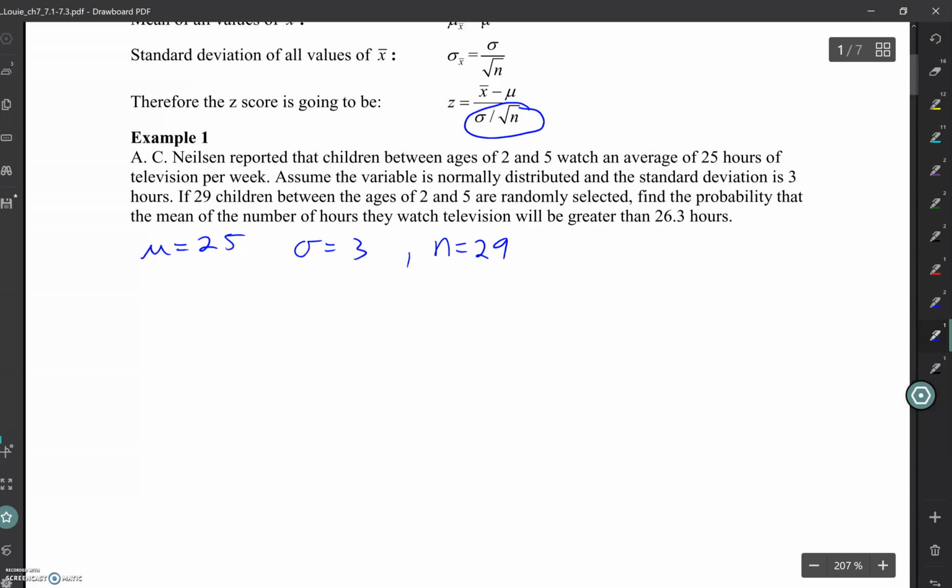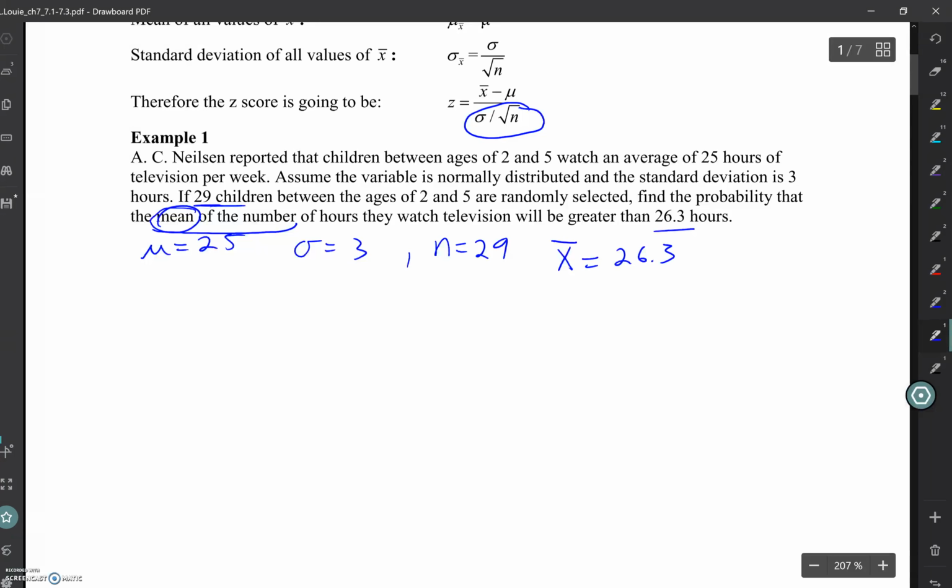And then this is what I really want us to pay attention to. The probability that the mean number of hours, they just gave me a second mean, based on those 29 children, is greater than the 26.3. That is telling me this is my sample mean of 26.3.